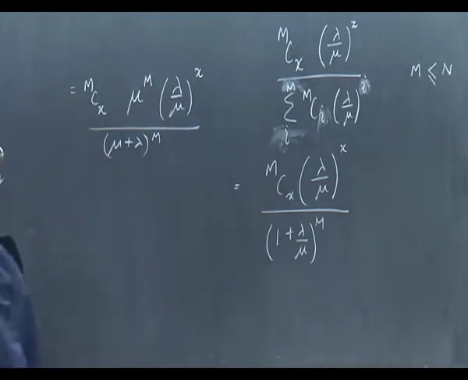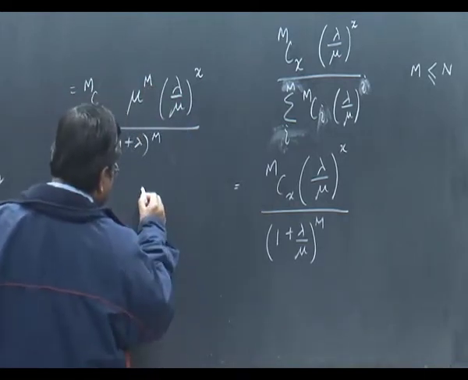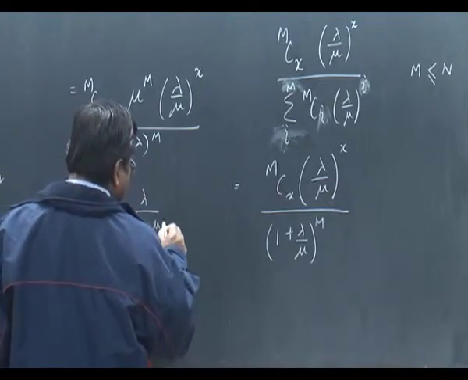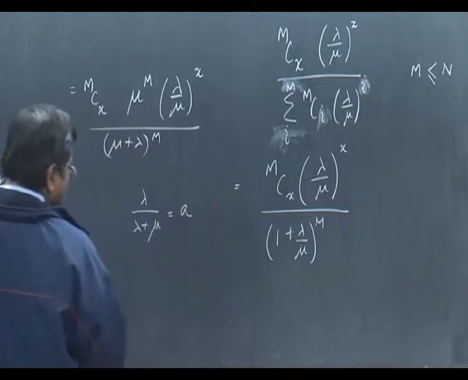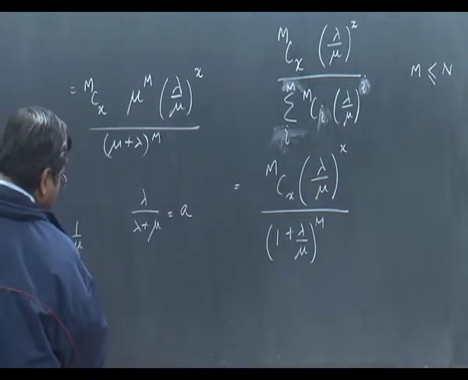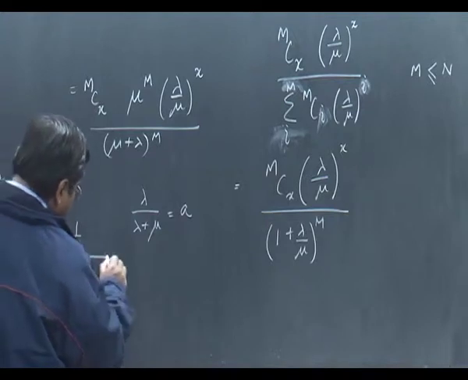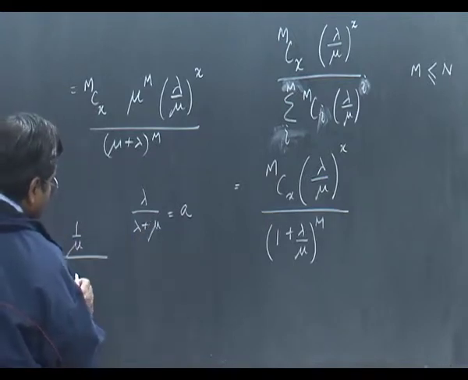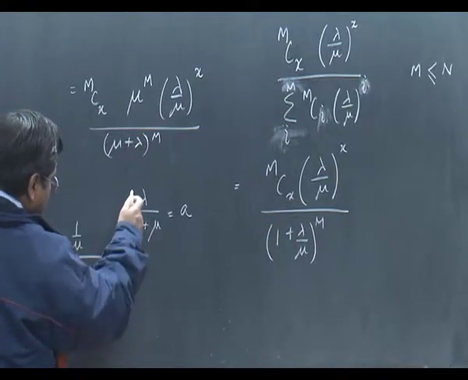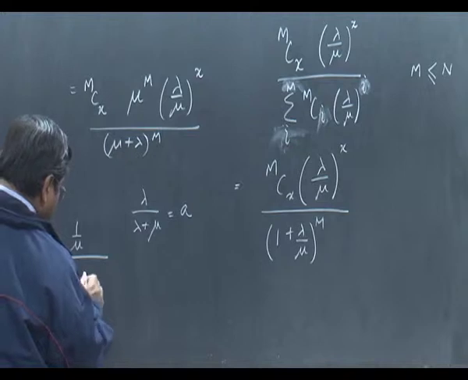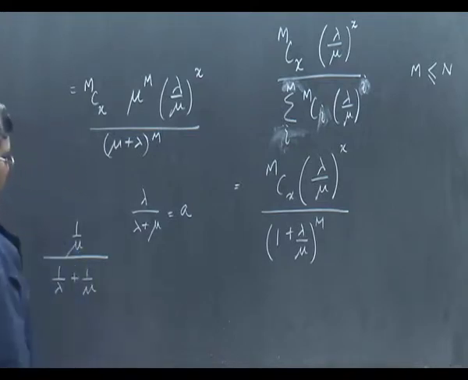Okay. And what I did is, I said, okay, let's put lambda plus mu as A. The reason for doing this was, if I take mu out, this will be 1 over lambda plus 1 over mu.